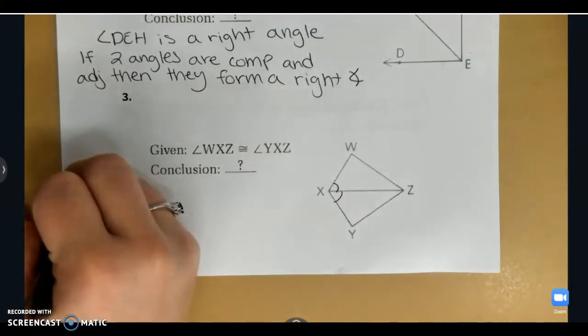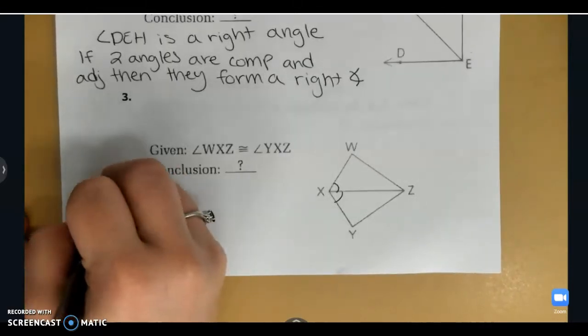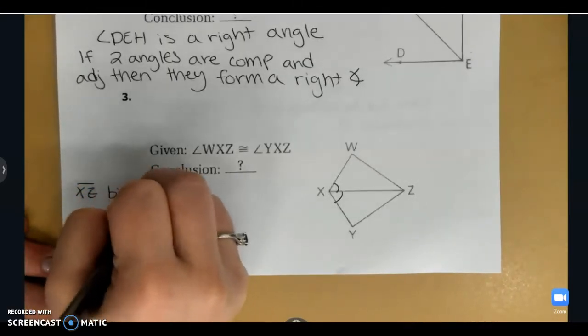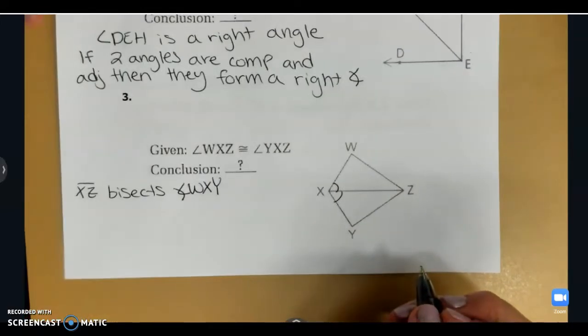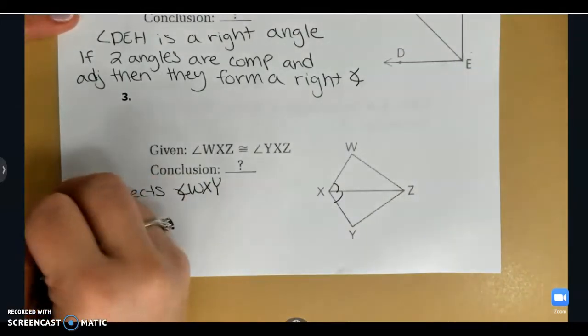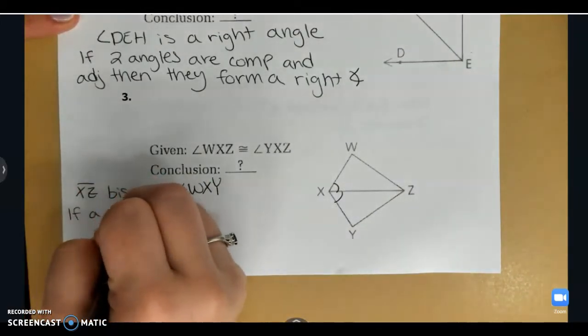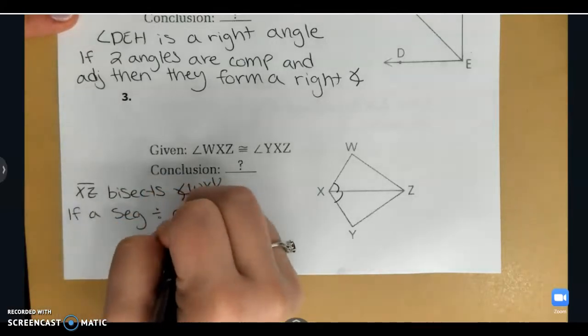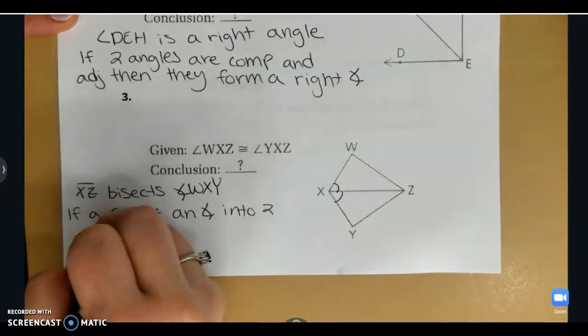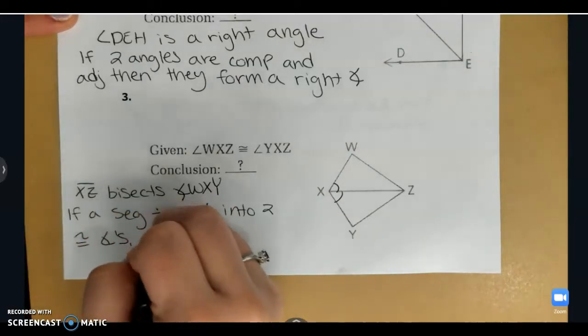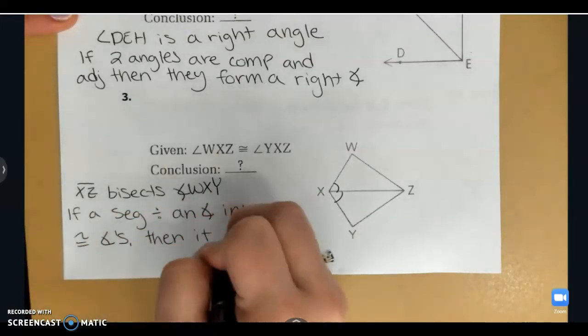So segment XZ bisects angle WXY. And my theorem supporting that is, if a segment divides an angle into two congruent angles, then it bisects that angle.